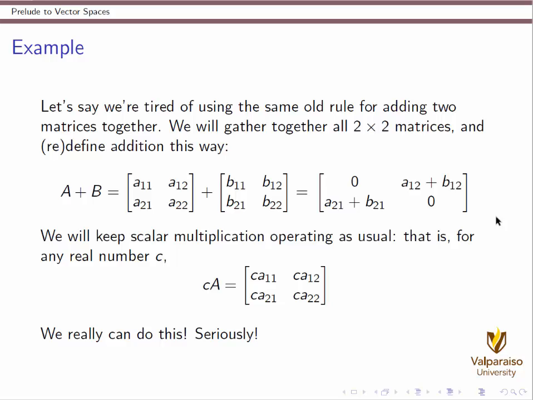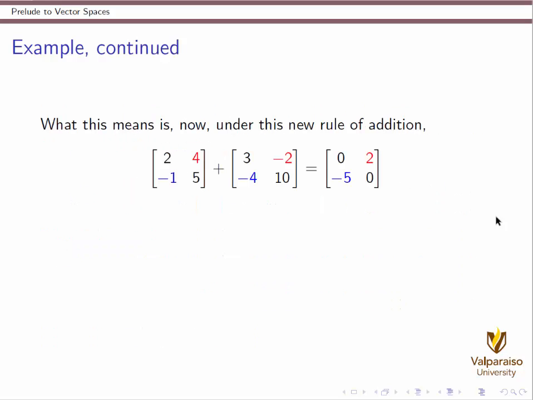All right, so now we have a new system. We've gathered 2x2 matrices and we've defined what we're going to refer to as addition and scalar multiplication. It's a little bit different than what you've defined it as before, but it's still perfectly okay to do this. Here's a specific example, right? Now we're going to add these two 2x2 matrices together, and the new result, again, the diagonals just automatically become 0, and then the components still add up off the diagonal the way they used to.